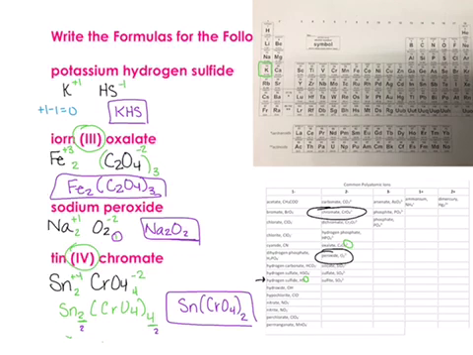If you're looking at this one right now and going, well, this isn't in our lowest terms, we have to keep this as Na2O2 because of it being peroxide. If we were to change it, it wouldn't be peroxide anymore. And so just be careful that there's always an exception to these rules.